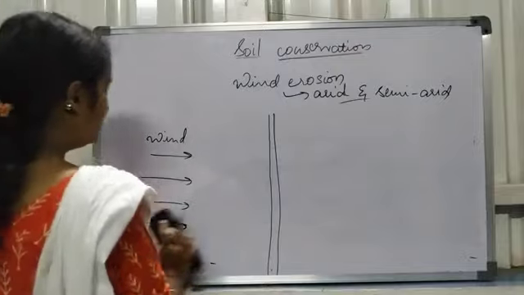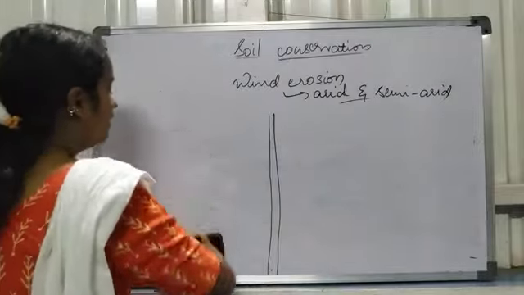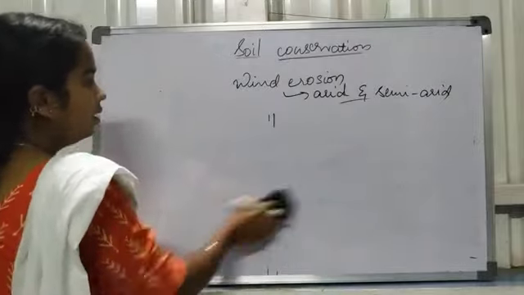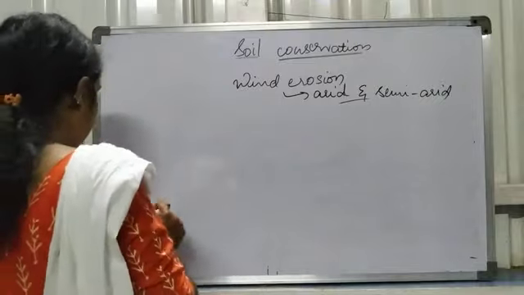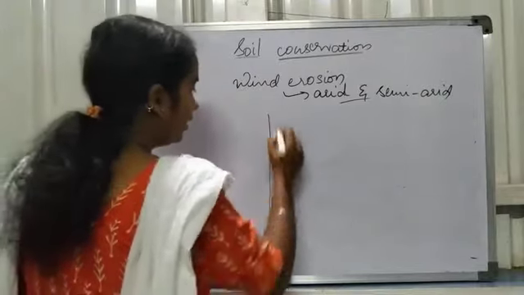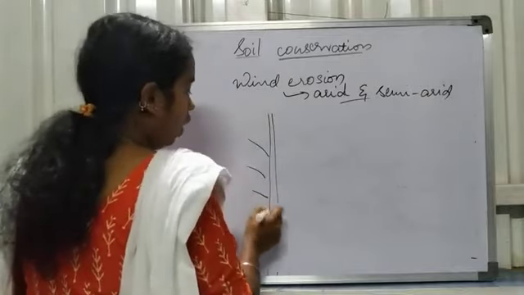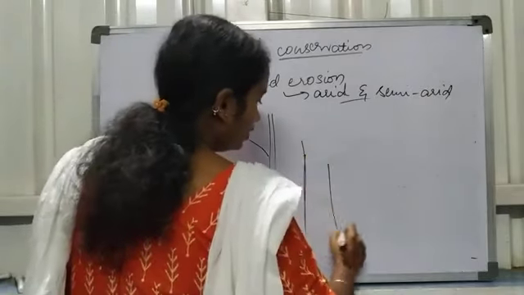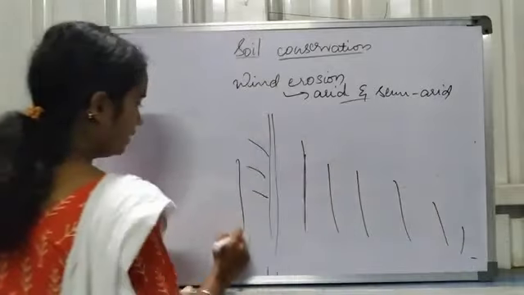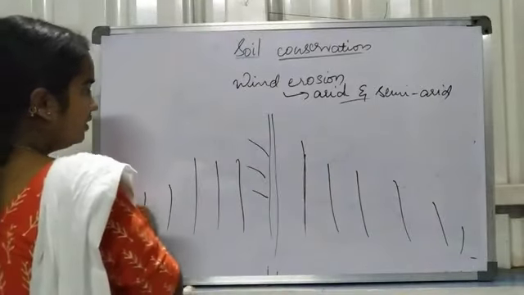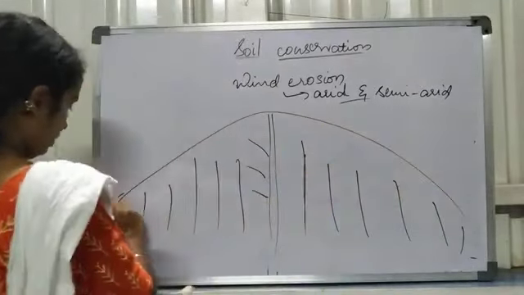Now shelter belts, as I have told you, are a number of trees. How they will be like: in the center, longer trees will be, then shorter, like this. So this forms like a triangle.